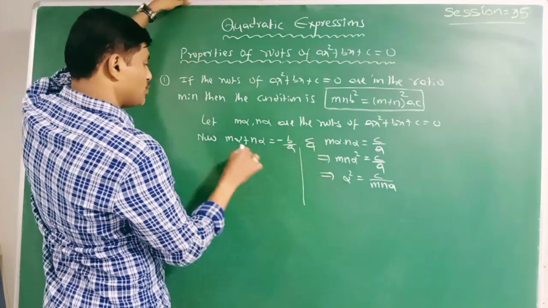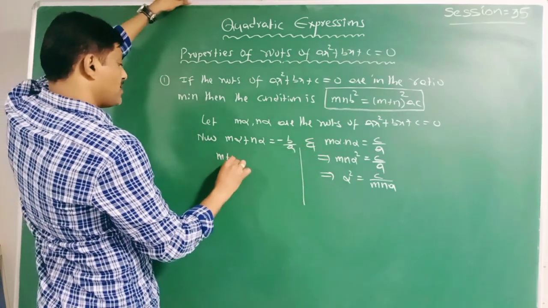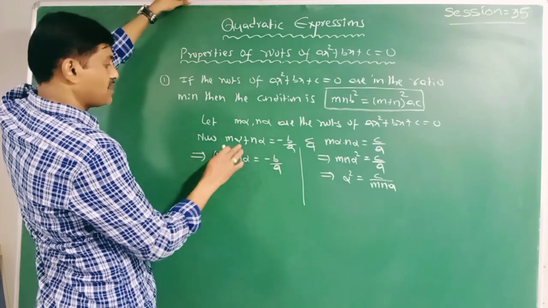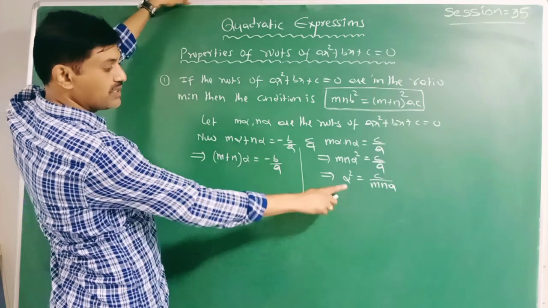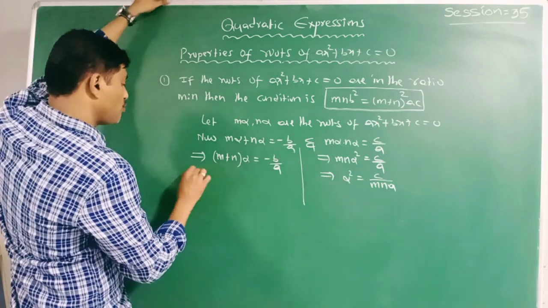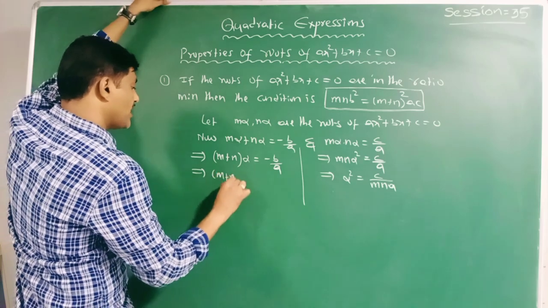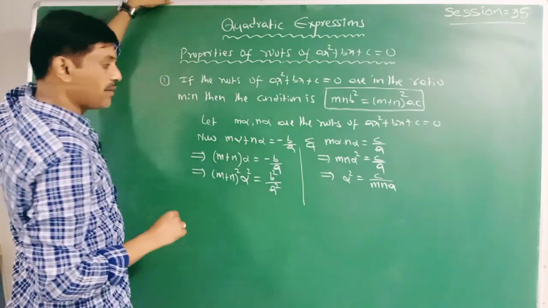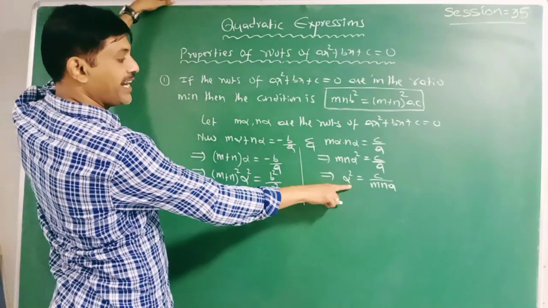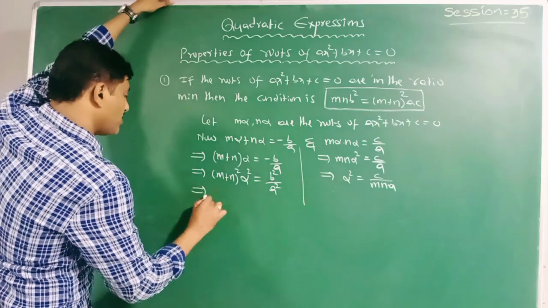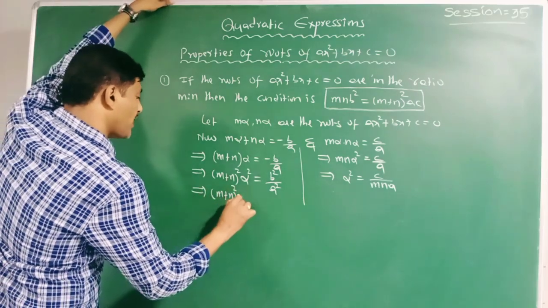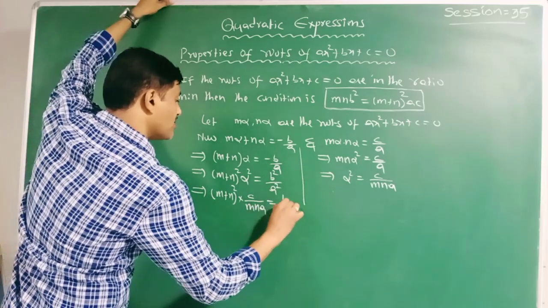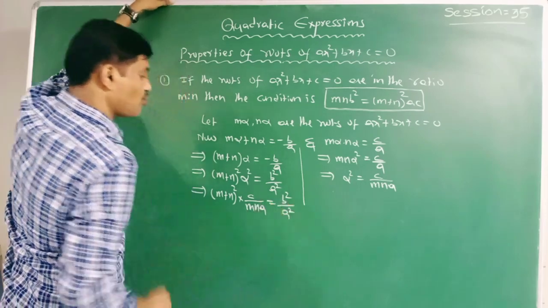Now, (m plus n) alpha is equal to minus b by a. Squaring both sides, (m plus n) whole square into alpha square is equal to b square by a square. Already we have alpha square, therefore (m plus n) whole square into c by mna is equal to b square by a square.